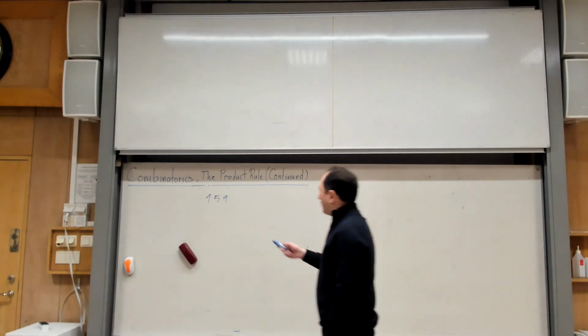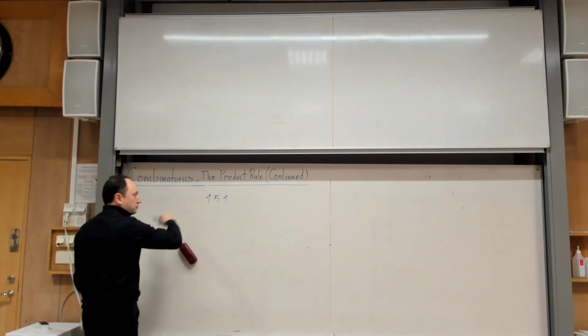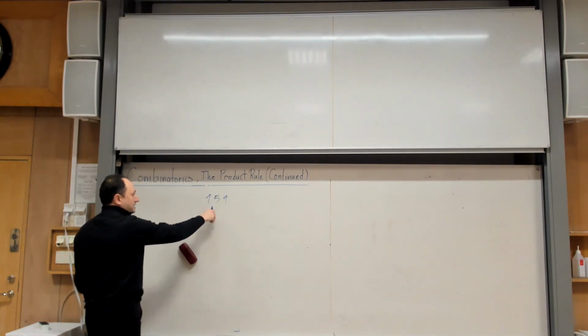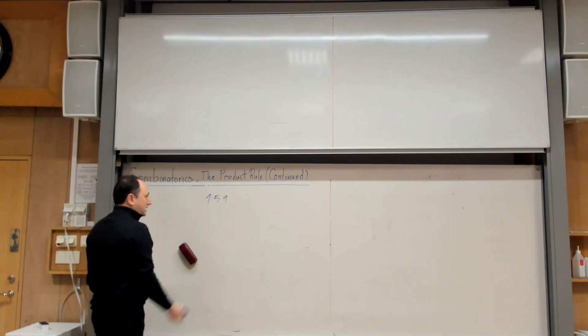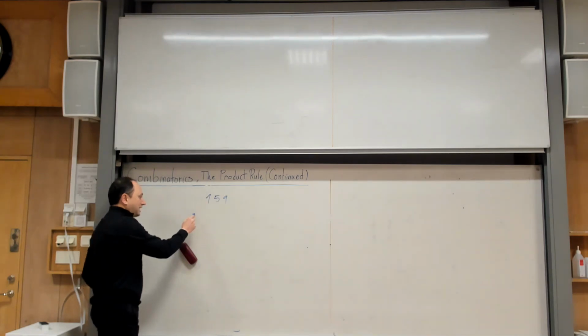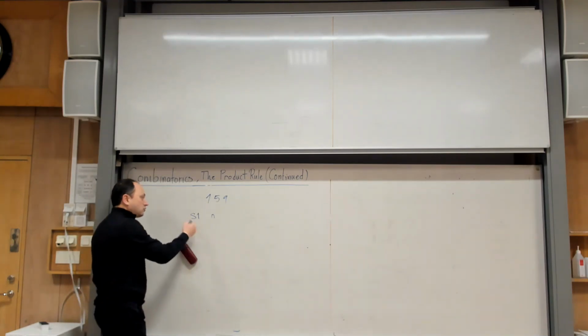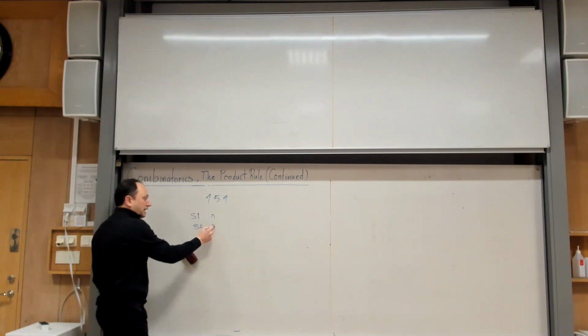Okay, so if I want to write the product principle or the product rule for a task that can be accomplished in three stages, what can I write? I can say that assume the first stage, stage number 1, can be done in n different ways. And after stage 1 is done in any one of these ways, stage number 2 can be done in m different ways, independent of how the previous stage is done.